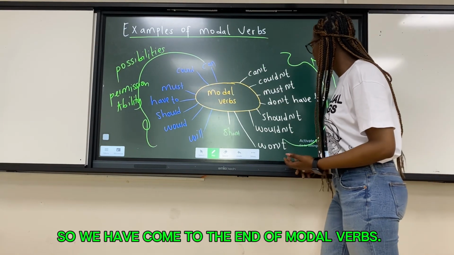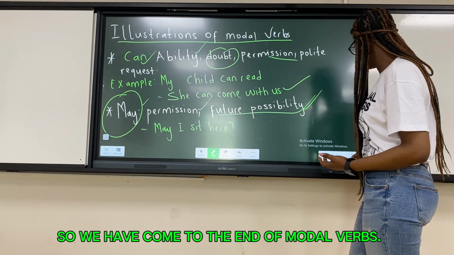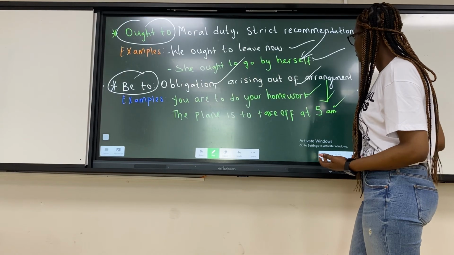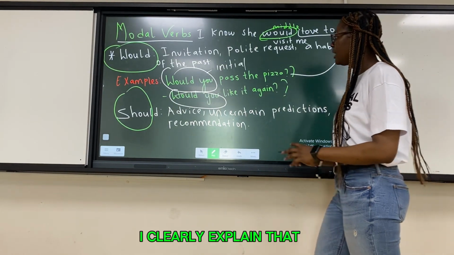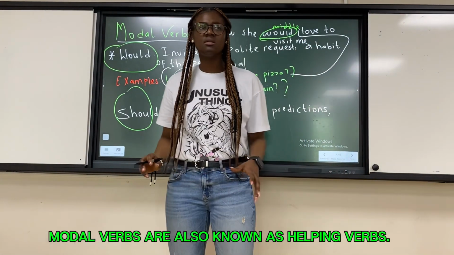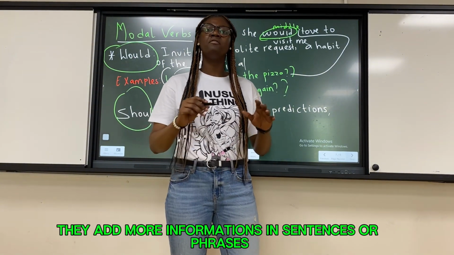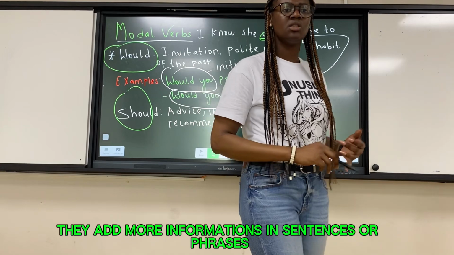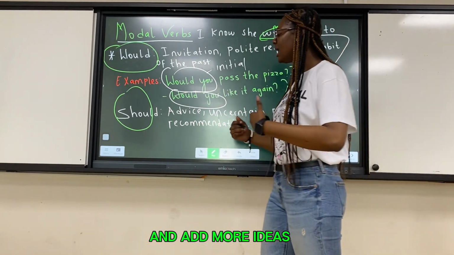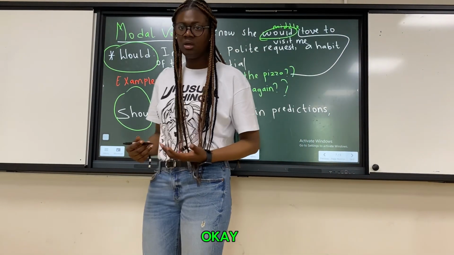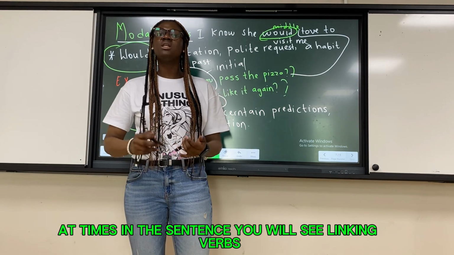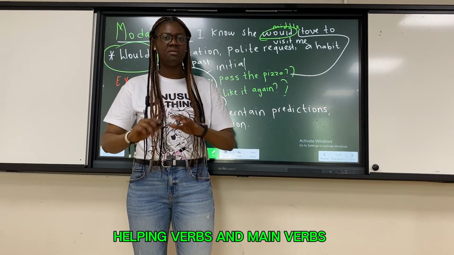So we have come to the end of modal verbs. I clearly explained that modal verbs are also known as helping verbs. They add more information in sentences or phrases and add more ideas. At times in a sentence you will see linking verbs, helping verbs, and main verbs.